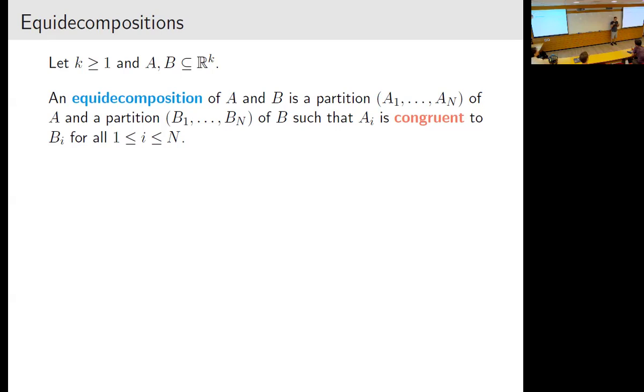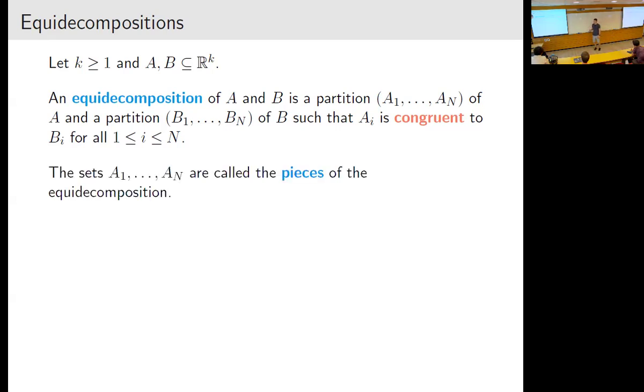Okay. What do I mean by congruent? I just mean they have exactly the same shape and exactly the same size. So you can take A_i and transform it with an isometry. Think about translating, rotating, and if you want, you can reflect, and turn it into B_i. So it's exactly the same shape. We say that the sets A_1 up to A_n, or similarly B_1 up to B_n, are the pieces of the equidecomposition.